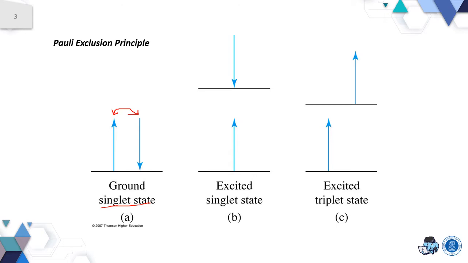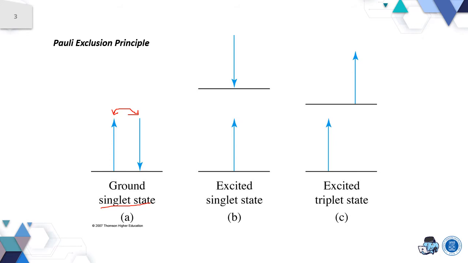What are the singlet and triplet states? In the excited singlet state, the spin of the promoted electron, the one who goes out to the higher level, is still paired with the ground state electron. So as long as the electrons are paired, whether in the ground state or excited state, the molecule is in a singlet state. We usually call it S0, S1, S2, etc.